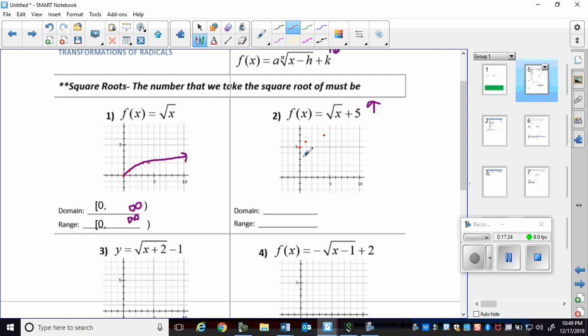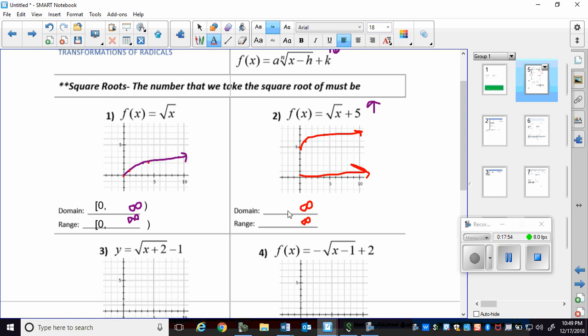And then I'm just going to draw my new graph. It looks a little bit different because my range starts in a different place. So before, still going to positive infinity, still going to positive infinity down here as well. However, for the domain, it still starts at 0 and goes all the way over towards positive infinity.